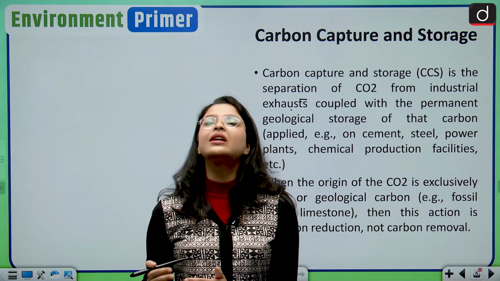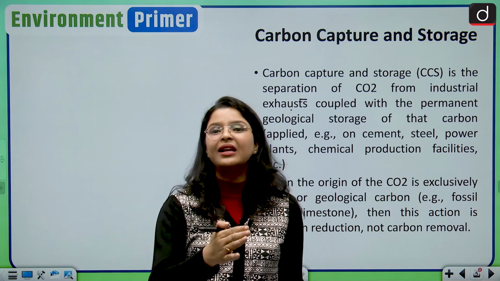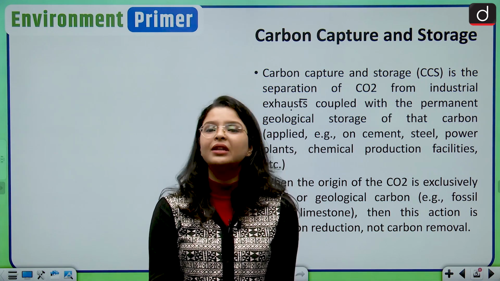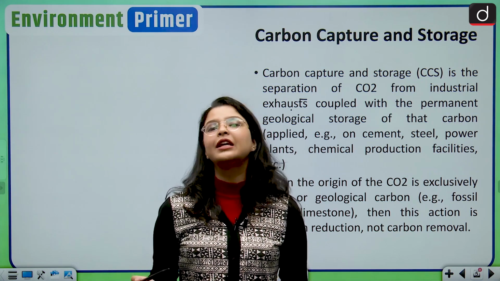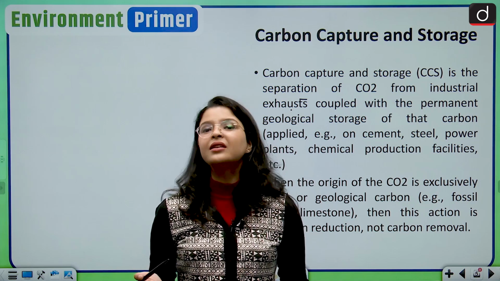So this is capturing carbon from its original source and then burying it deep down within the earth so that it cannot leak into the atmosphere. This in very simple terms is carbon capture and storage.